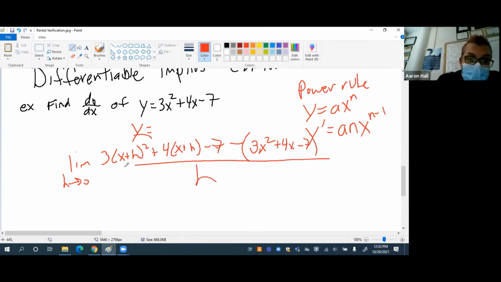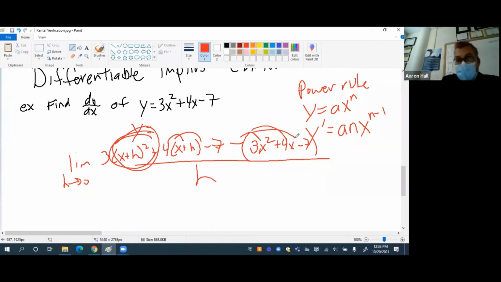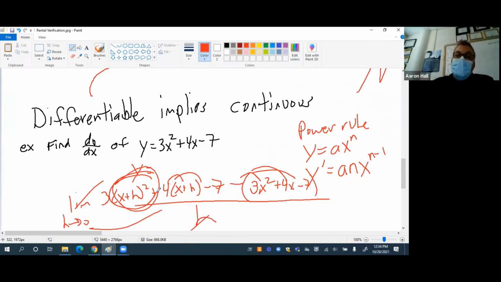And then I have to expand this and distribute this and distribute this and then combine like terms and then factor out an h so that the h's will go away and then plug in the 0. Or we can memorize this shortcut.